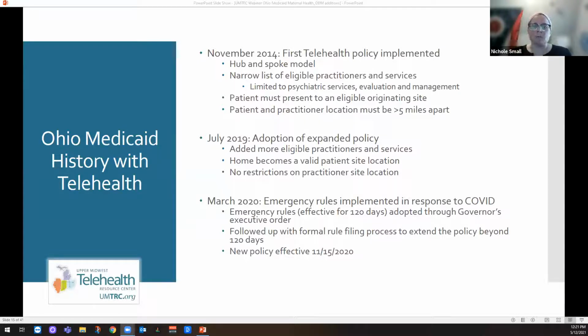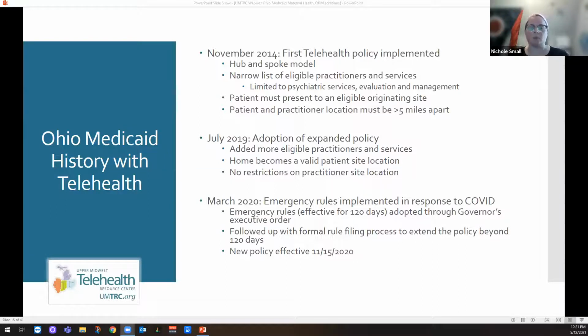So fast forward to July of 2019, so mere months before the public health emergency, we had adopted an expanded policy. In this, we added more practitioners, a lot of behavioral health practitioners. We allowed patients to be at their home. Previously they had to present somewhere.